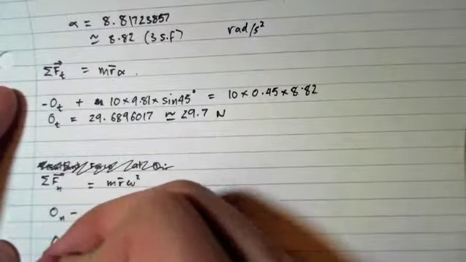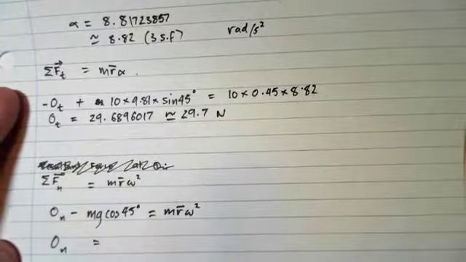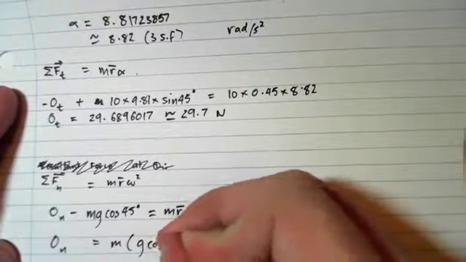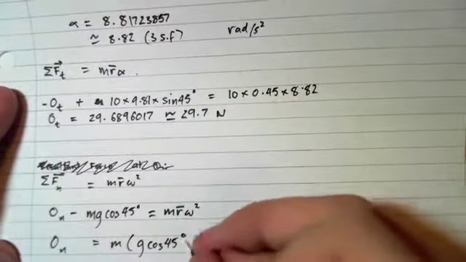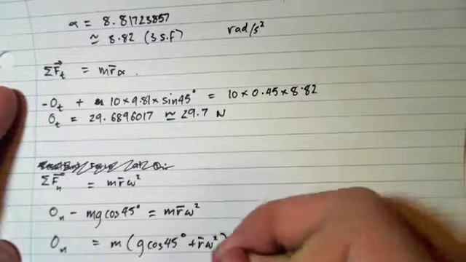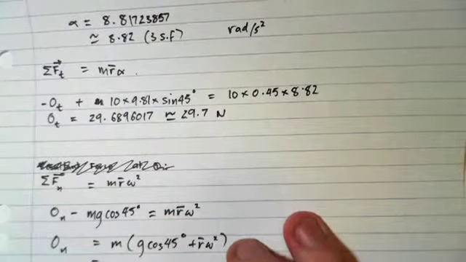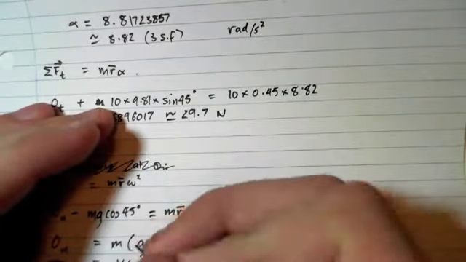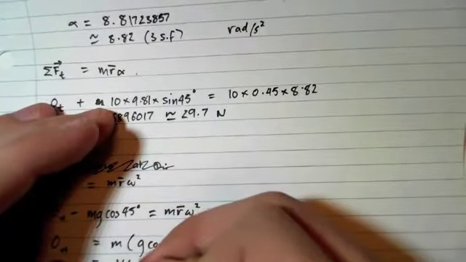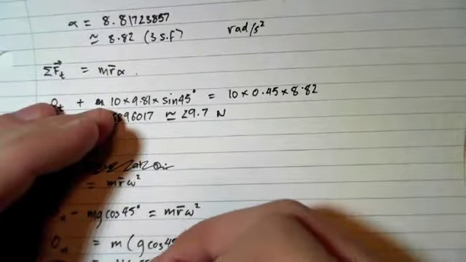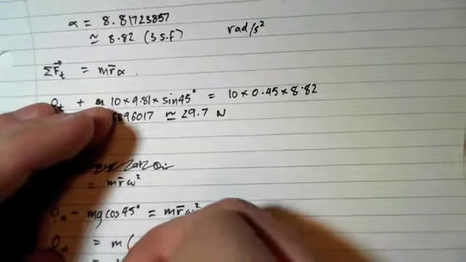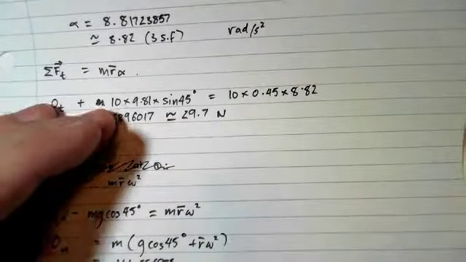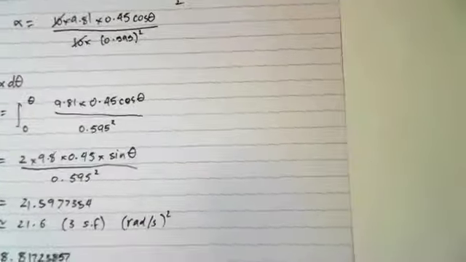So our normal component of force, we'll take m out as a common factor, so we get g cosine 45 plus r omega squared, and that ends up giving us, what does it give us? It gives us 166.556985, which is roughly equivalent to 166.6 newtons.